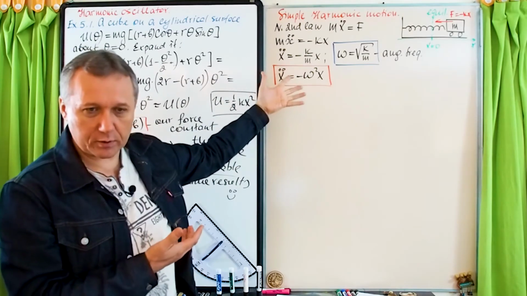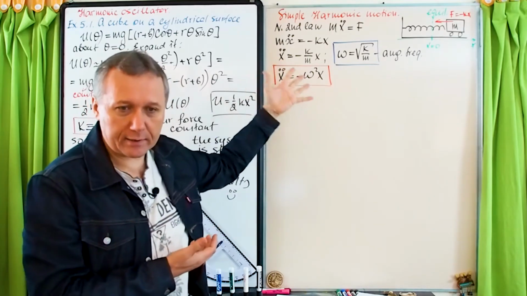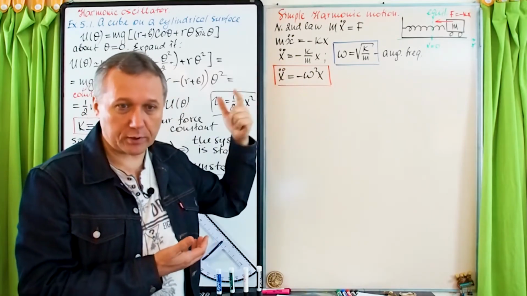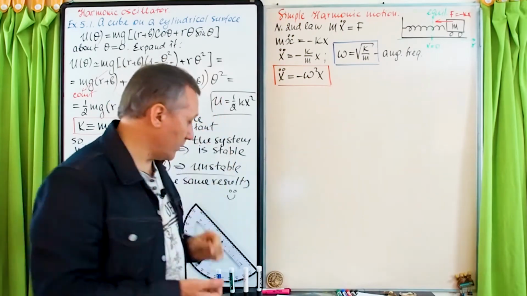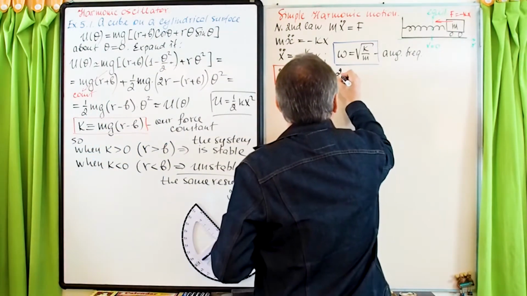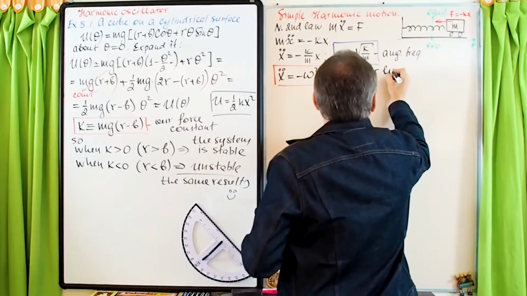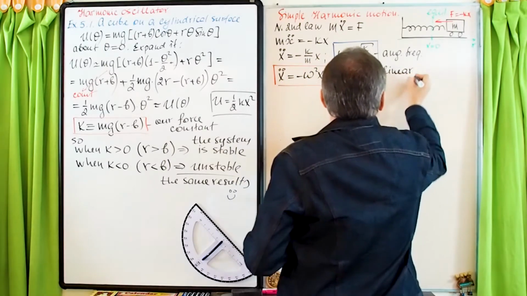So that's what linear means in this case. So it's a second order linear differential equation. Then what else? Okay, maybe I will start writing. Second order linear. Then what else?